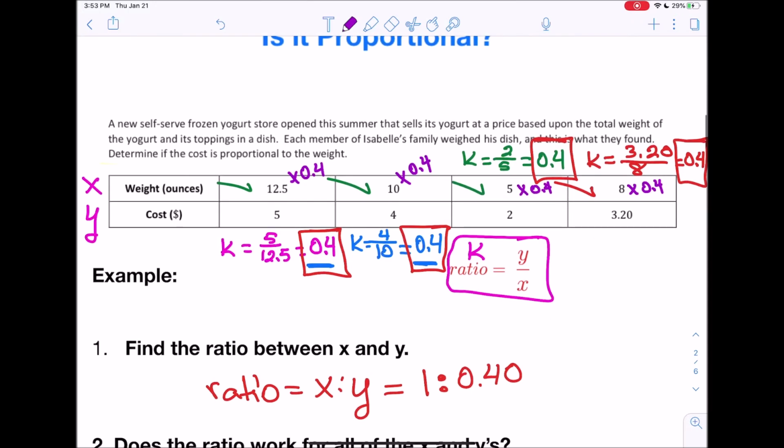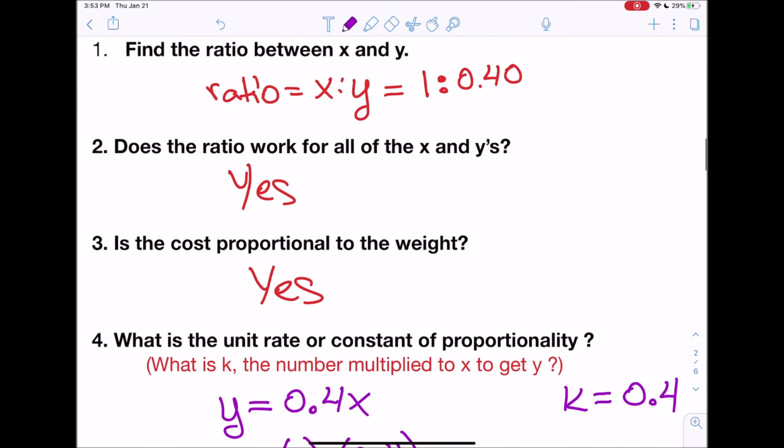Well, once you have that unit rate, that 40 cents for 1 ounce, then however much yogurt you want to buy, whatever number x, no matter how many ounces, you can always calculate your y, because all you have to do is multiply how many ounces by 0.4.